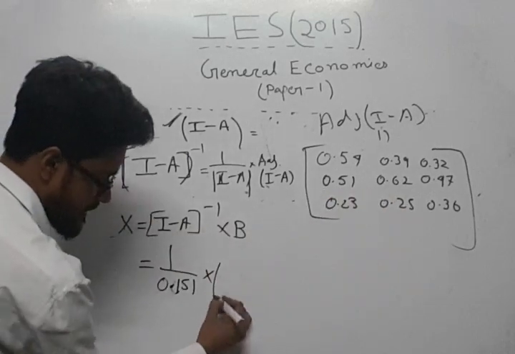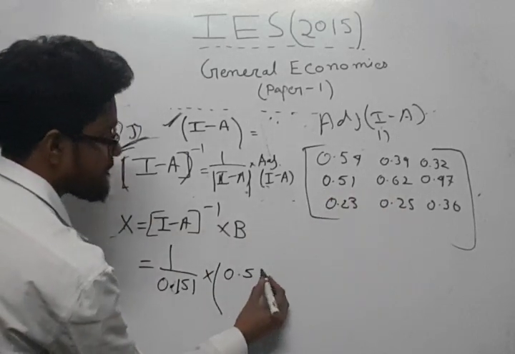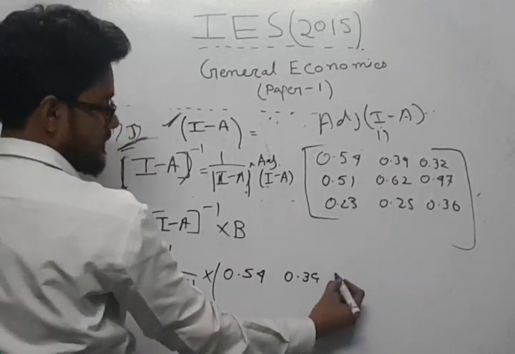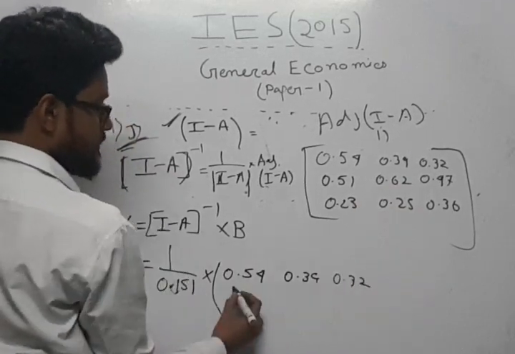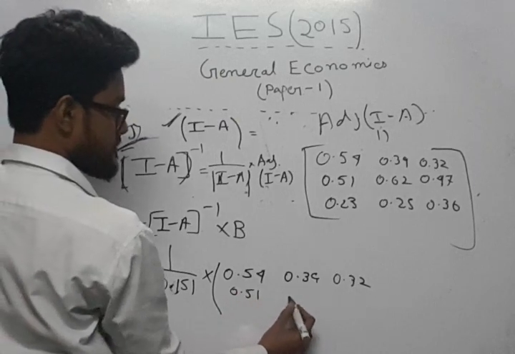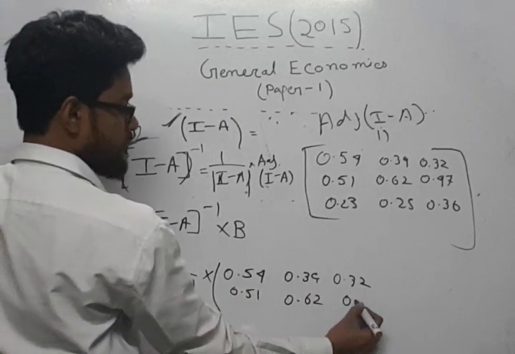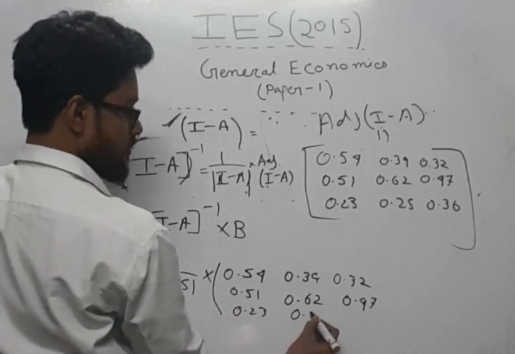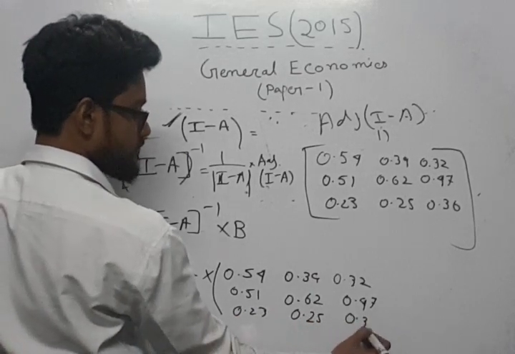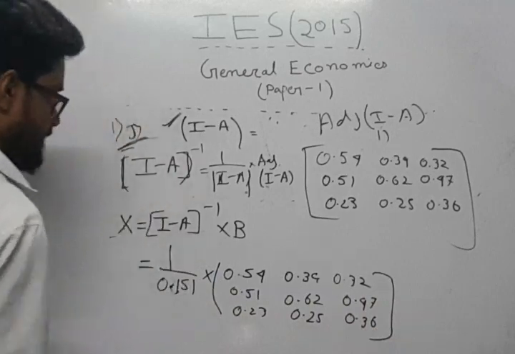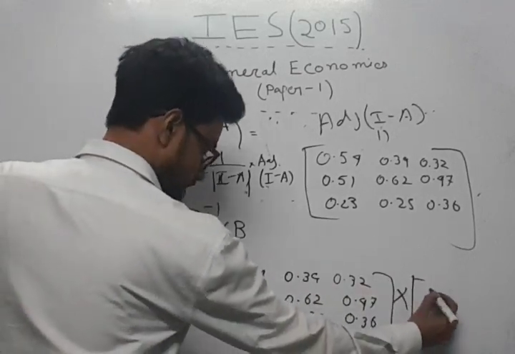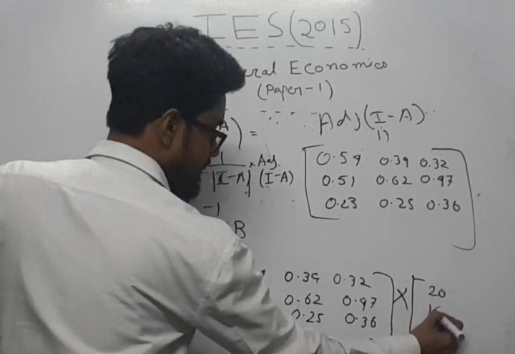So we'll put the entire value 0.54, 0.39, see, I'm just putting the value from there, 0.32, 0.51, 0.62, 0.47, 0.23, 0.25, 0.36. And then we have another term which is B, which is given, that would be 20, 10, 30.